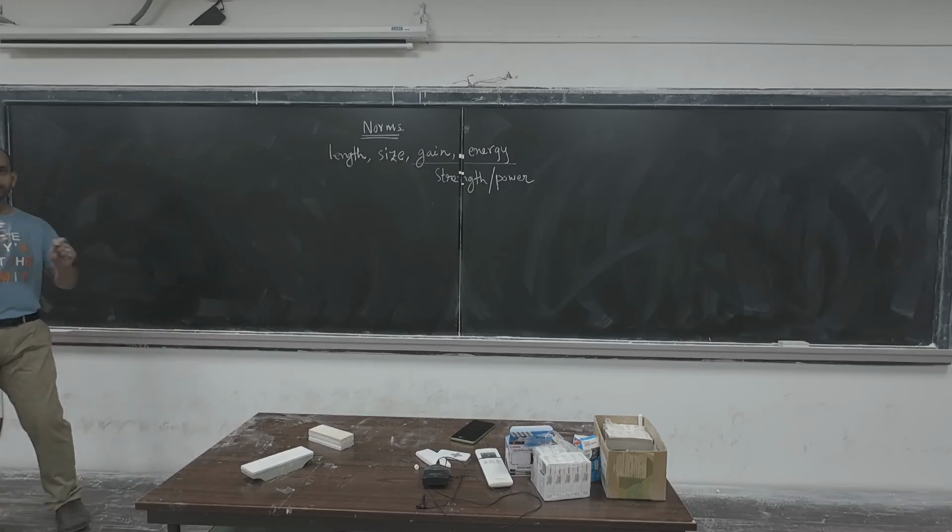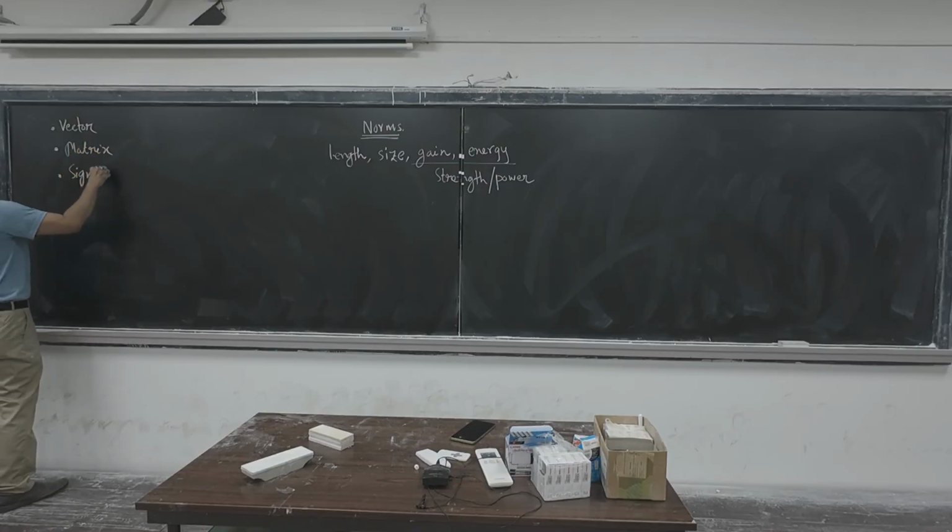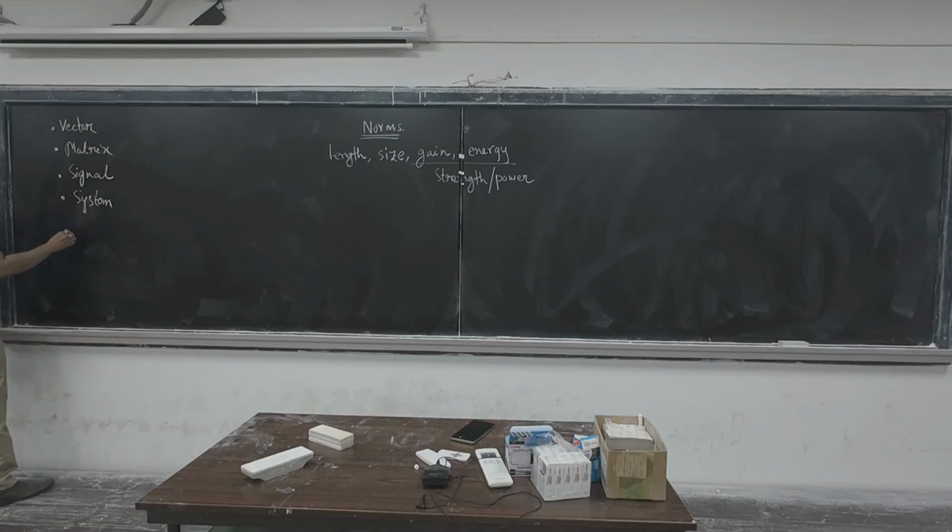So we have different types of mathematical objects, maybe starting from vectors, then matrices, then signals, systems, and sometimes, although we don't need that much in our study, sequences, right?